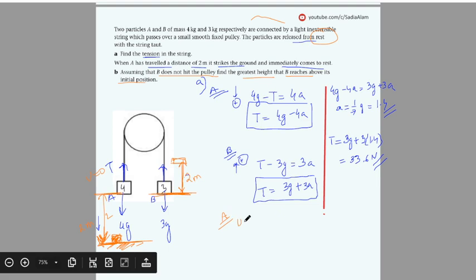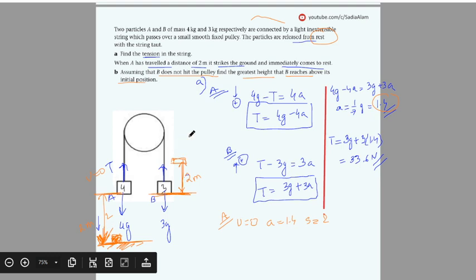Initially, u is 0 for particle A. A was moving downward with an acceleration of 1.4. So you know the value for u, you know the value for a. It will cover a distance of 2, so s equals 2. So we can find the velocity with which A hits the ground. We do need that value because with the same velocity we will continue its motion, right?